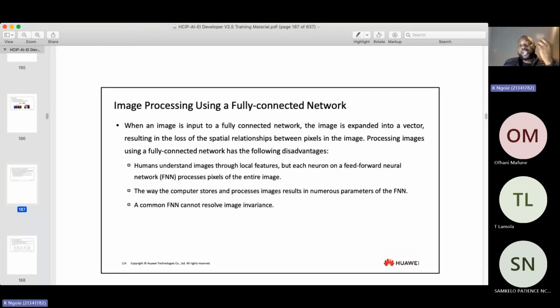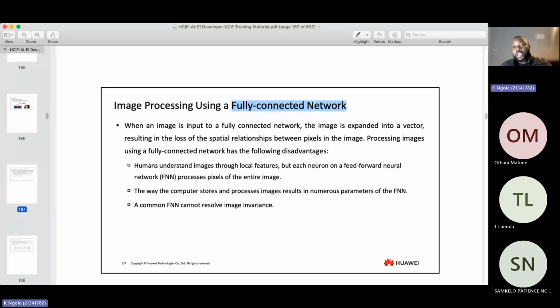So when we're looking at the fully connected network, a neural network, the way it works, it takes information from the input layer, hidden layers, as we've seen previously, up to the output. But when we're looking at images, this is not going to be enough.